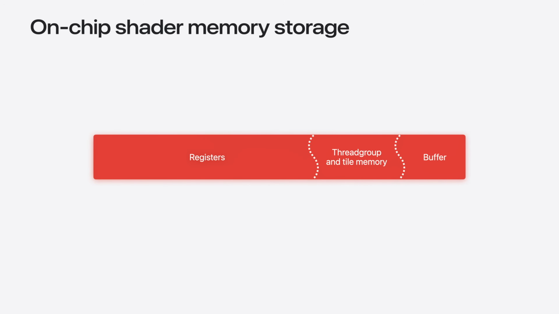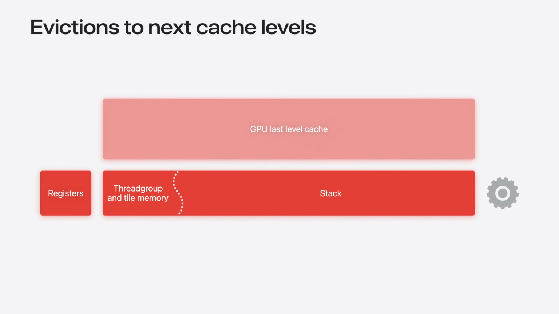Each SIMD group may use a large amount of various on-chip memories. With the increase in number of SIMD groups, there may come a point when your workload uses more memory than the available on-chip storage. This causes spills to the next cache levels, increasing cache evictions and memory stalls.